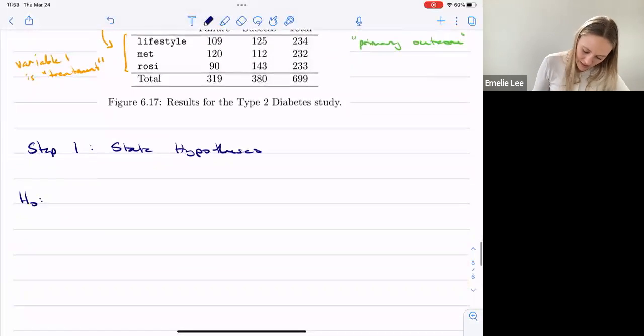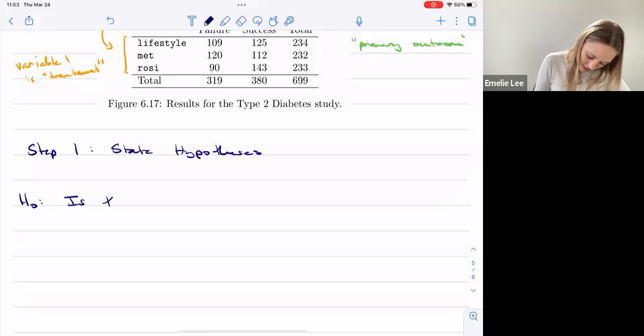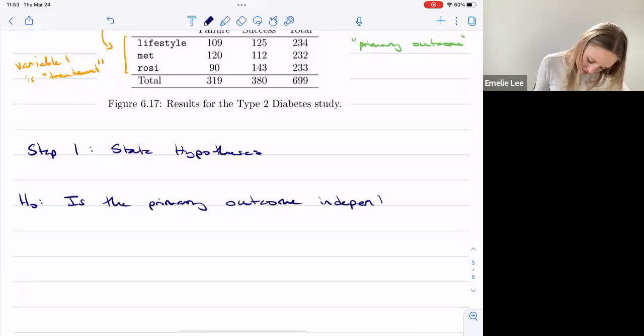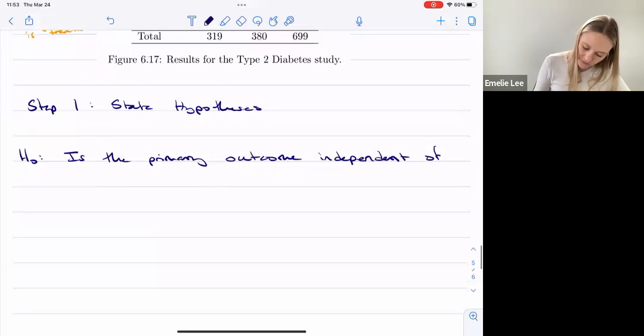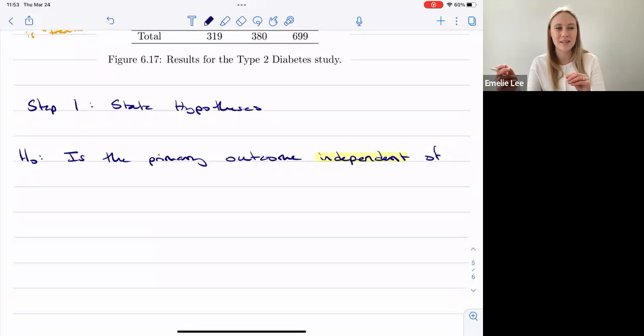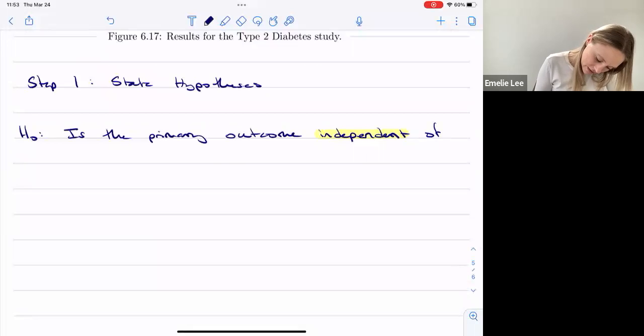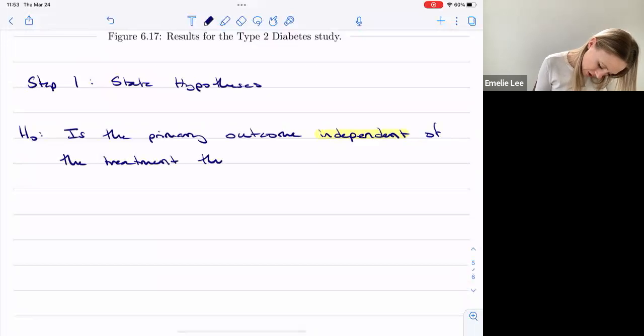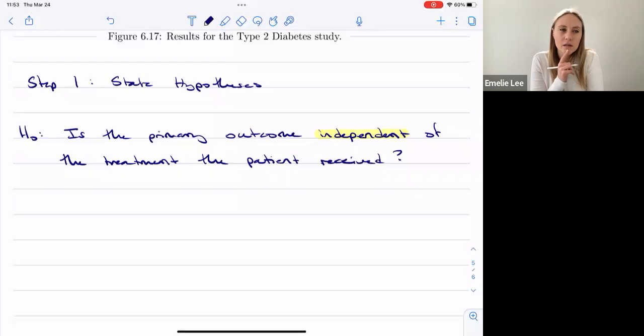And so is the primary outcome independent of, and that's going to be your key word here, independent, because we're doing a test for independence, right? So is the primary outcome independent of the treatment the patient received?